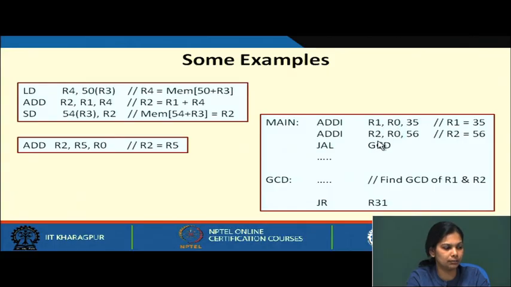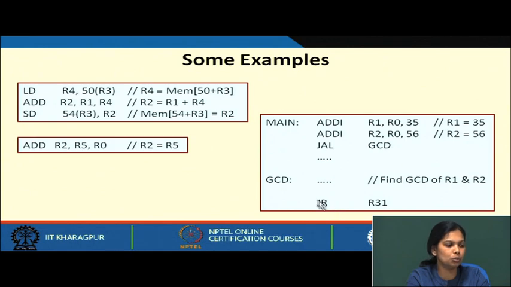So, R1 will have 35 and R2 will have 56, and this jump instruction will go to a function which is labeled GCD, and in GCD you will see some code for GCD, and jump return.